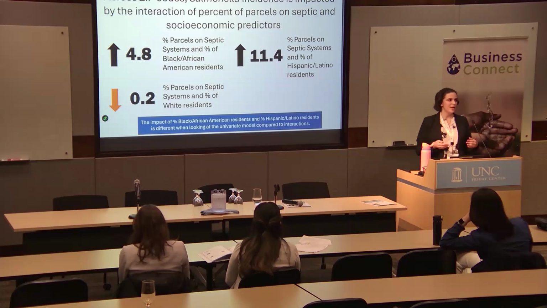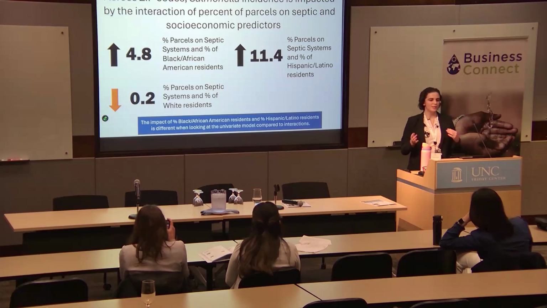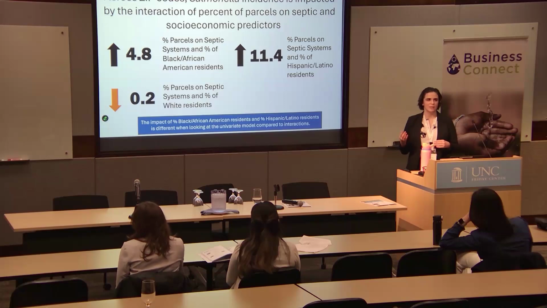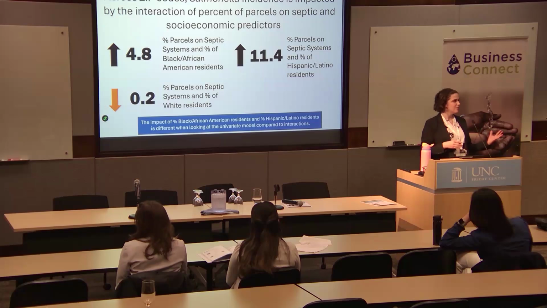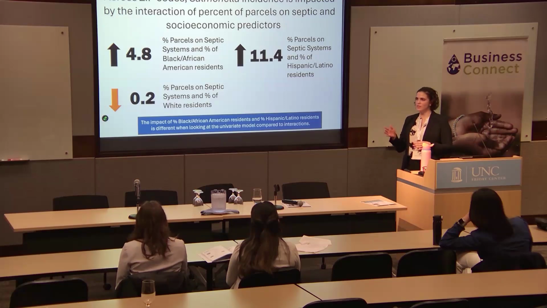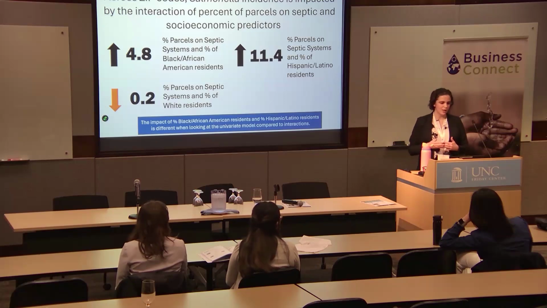So this is showing that the effect of percent of parcels on septic systems on Salmonella incidence depends on the percent of Black and African American residents or percent of Hispanic and Latino residents. So a zip code with a higher percent of septic systems and a higher percent of Black and African American residents or Hispanic and Latino residents has an increased risk of Salmonella.